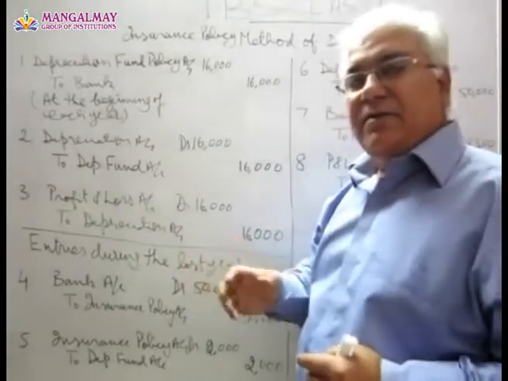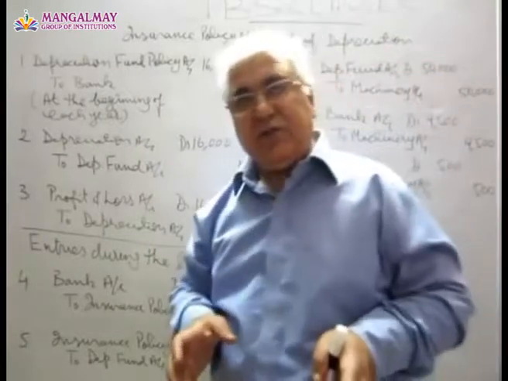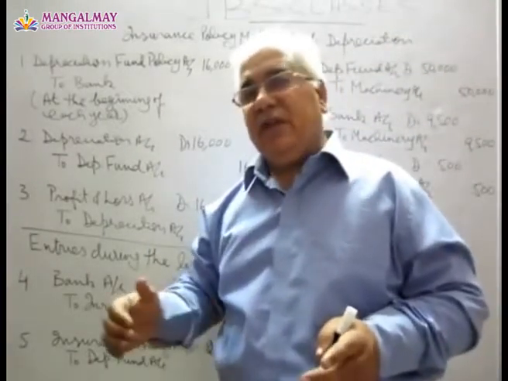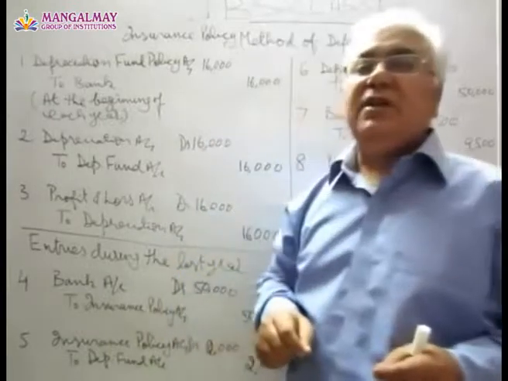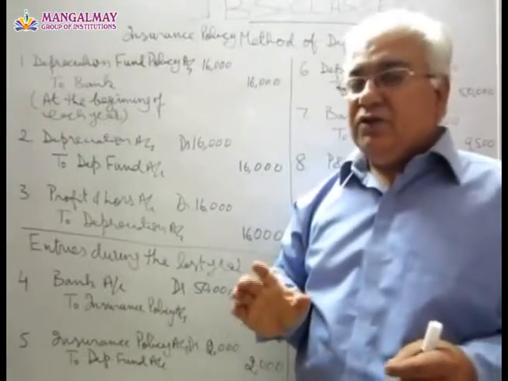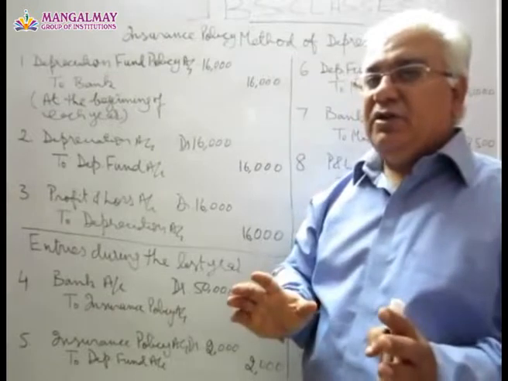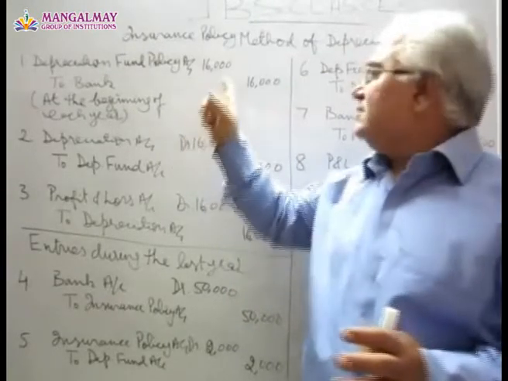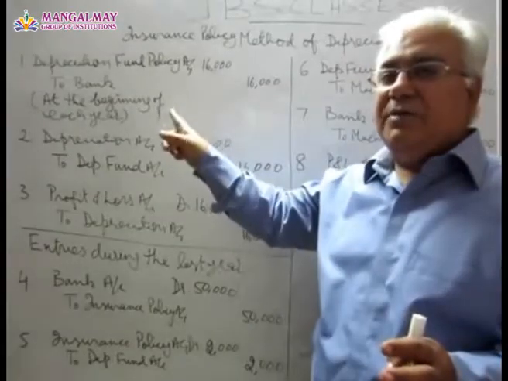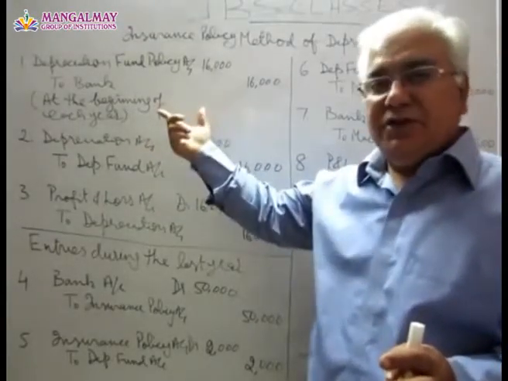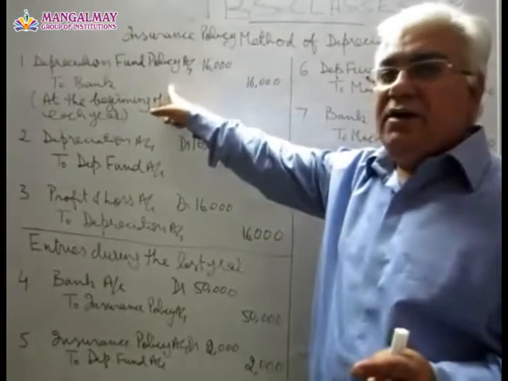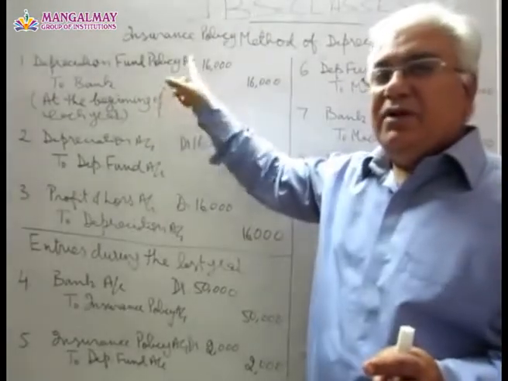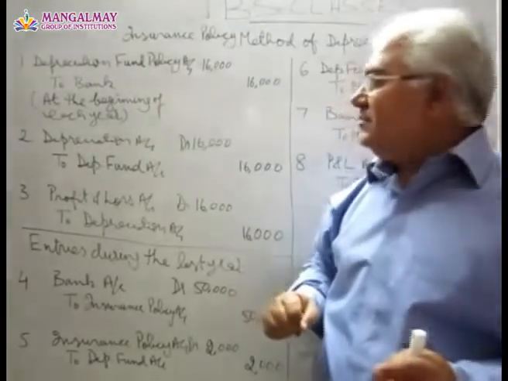Like in our example, the machinery is costing us 60,000 rupees, and the expected salvage value of that machinery is 10,000. So that means we have taken insurance for 50,000 rupees, and 16,000 is what we need to pay as premium at the beginning of each year.